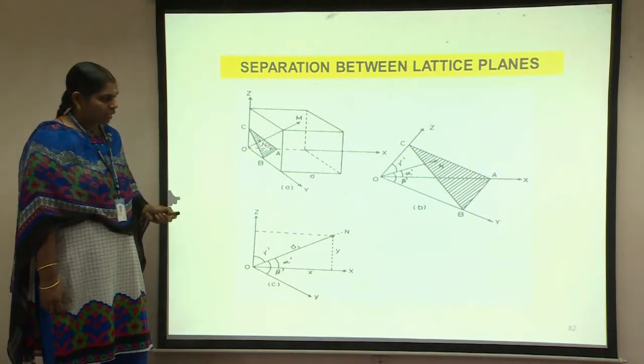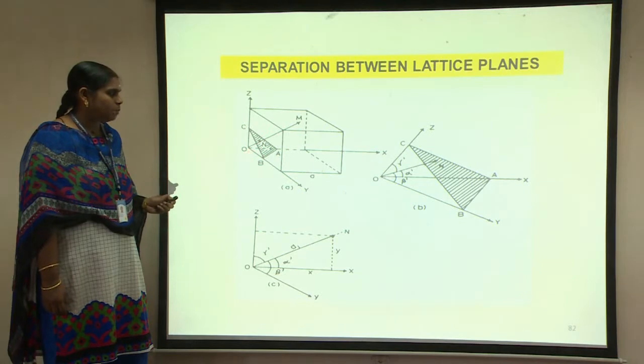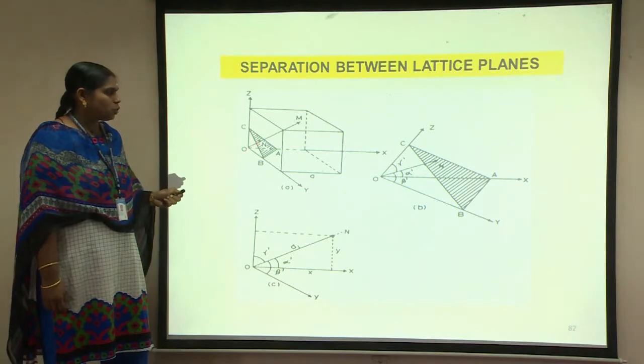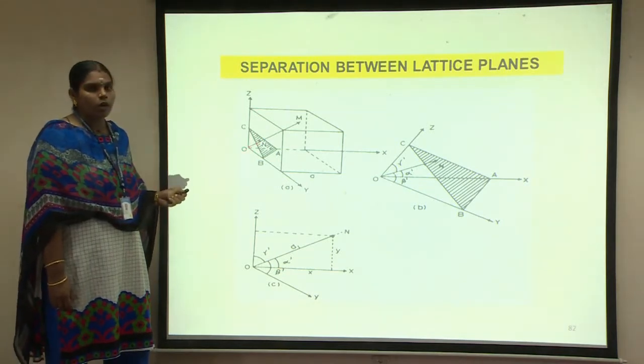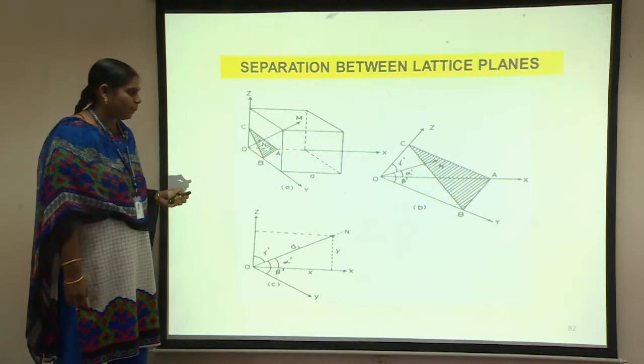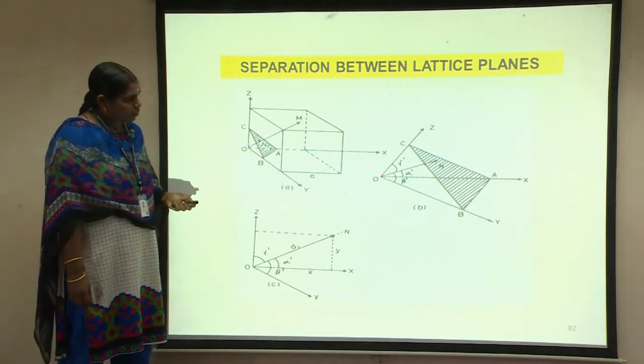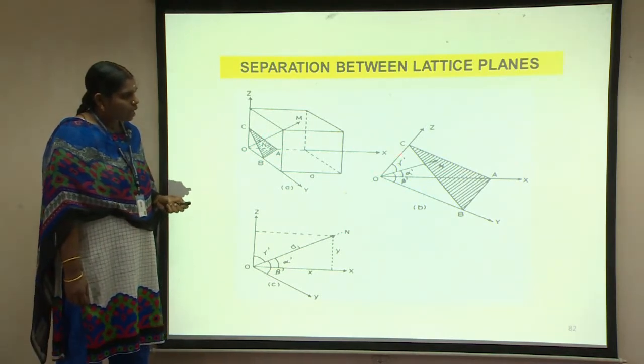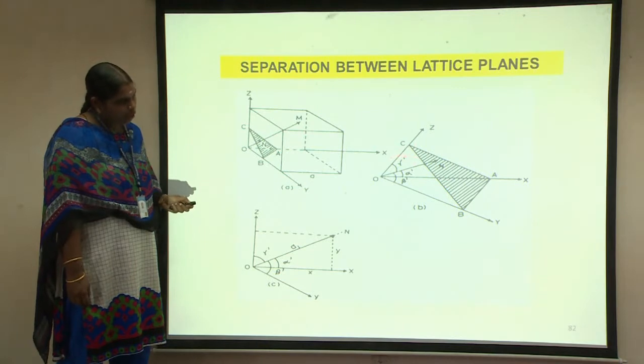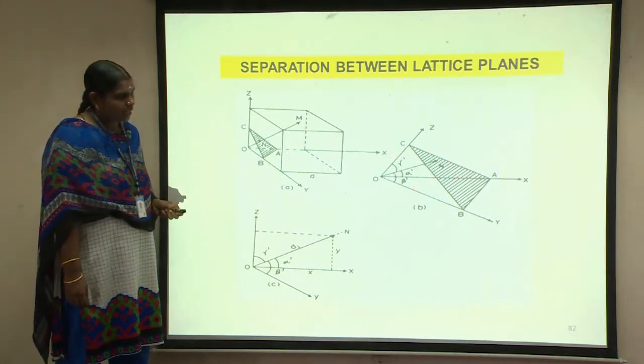In order to derive this expression, let us consider the spacing between these two as d, which we call the interplanar spacing. Here we are going to project the crystallographic axes, that is, the x-axis, y-axis and z-axis, and the triangular plane in order to make the problem easier to solve.